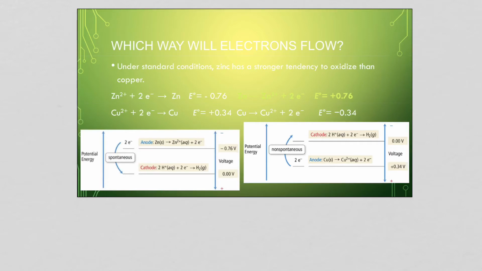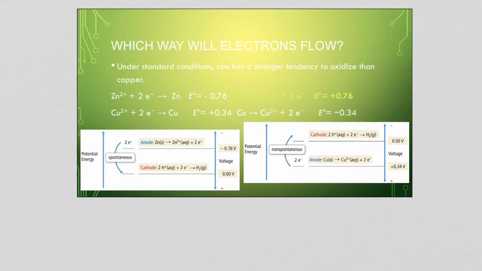Now, let's say we did the same thing and hooked our SHE electrode up to our copper electrode. What we see is that we read a cell potential in our meter of negative 0.34 volts.